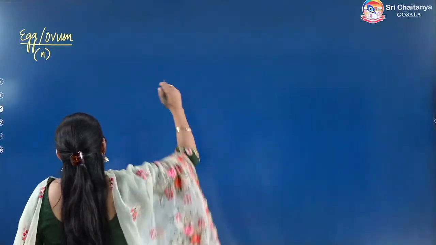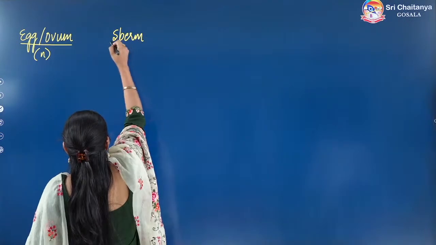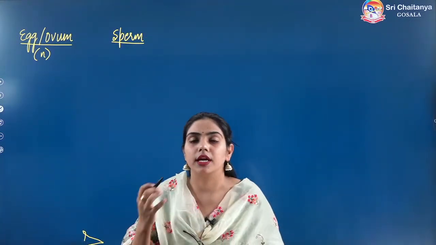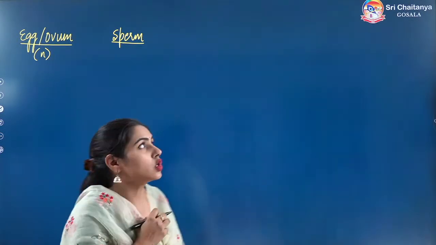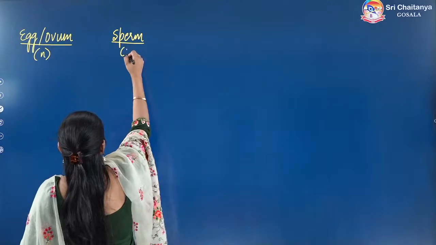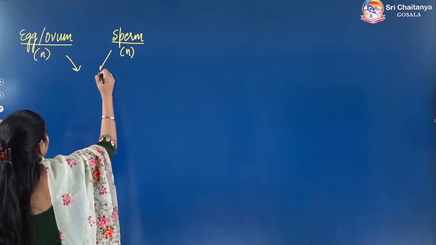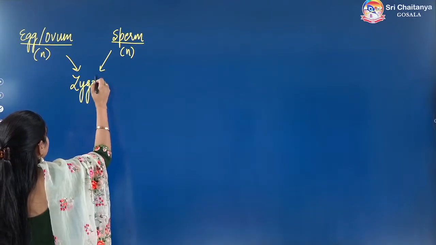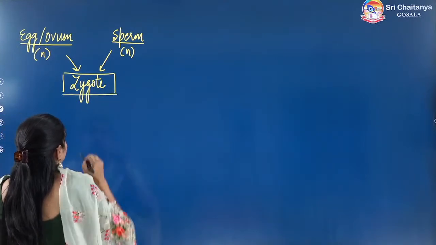Then if we talk about sperm, sperm is the germ cell produced by the male reproductive system. In the testis of the male, sperms are getting produced. Sperm is also a haploid cell. When the egg and sperm both fuse, they form a diploid structure, a very important structure known as zygote.